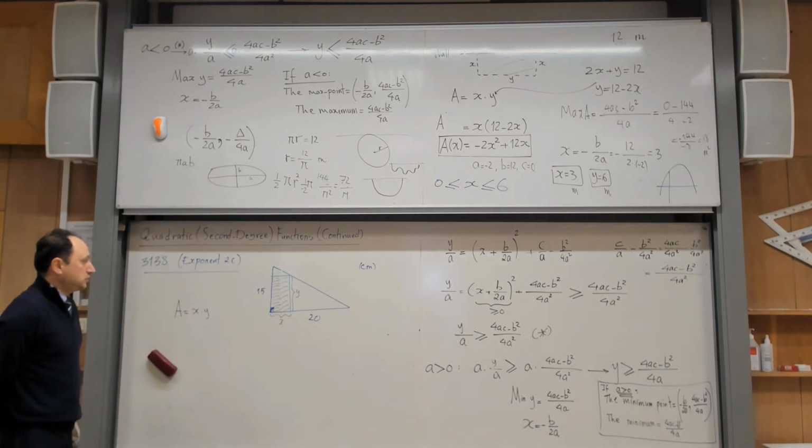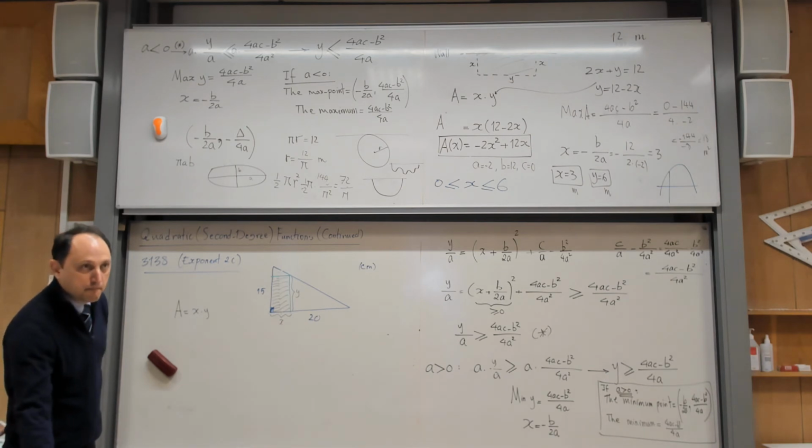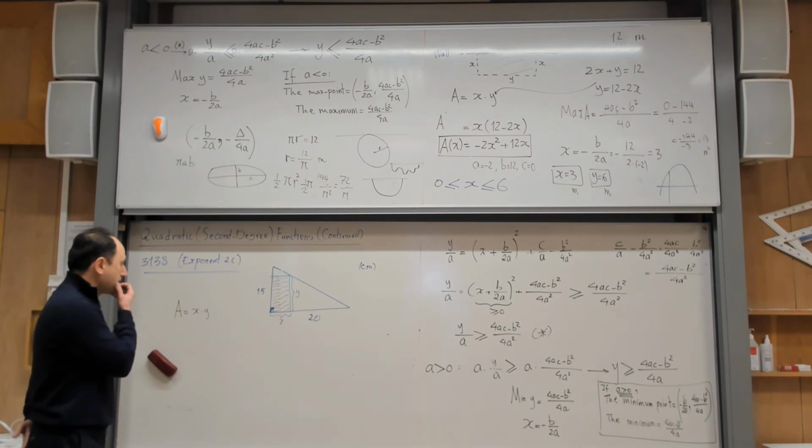So what is the relation between x and y? I was thinking maybe use the area, like x equals a divided by y, but no, it doesn't work in that way.